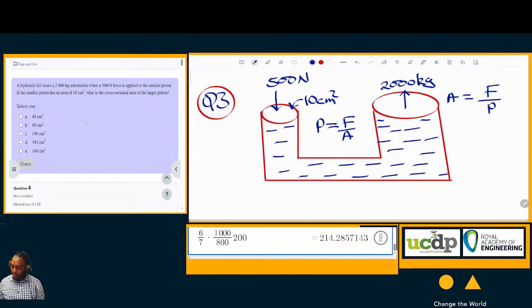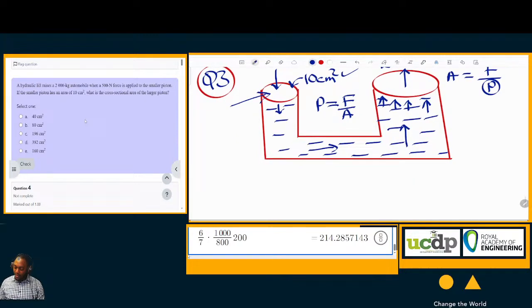We can know the pressure by using information given at the smaller piston, because we've got the force and we have got the area. When we get that pressure, we can substitute it here, because the pressure exerted at this point will be the same pressure exerted at the master cylinder. So now let's find the pressure.